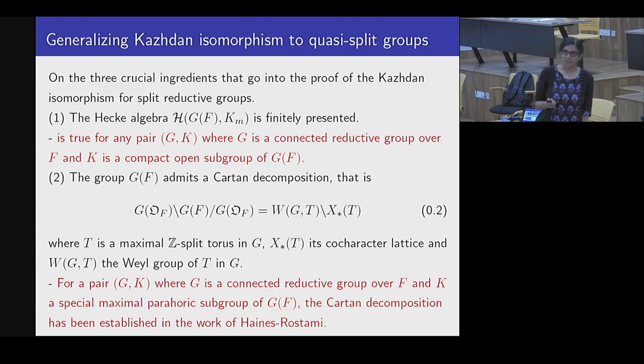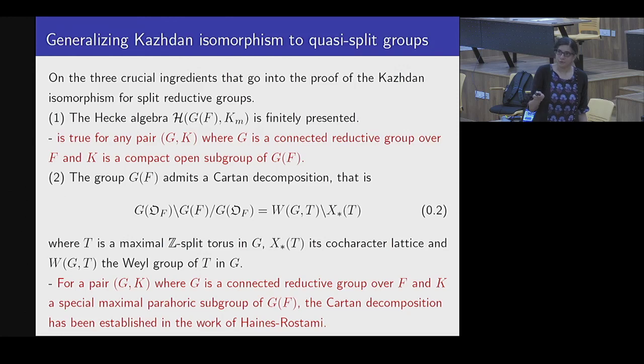So here, G is a connected reductive group, and K is a special maximal parahoric subgroup of G of F. This definition will involve looking at the Bruhat-Tits building of G of F. I will say just a few words about it later, but there is an analog of G of OF, which is this special maximal parahoric.